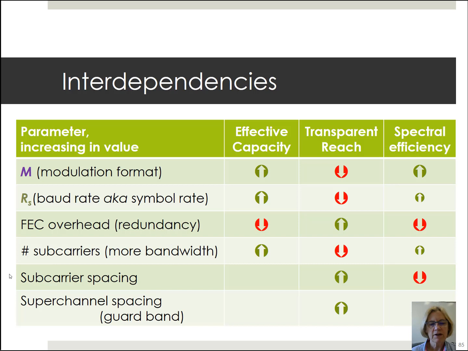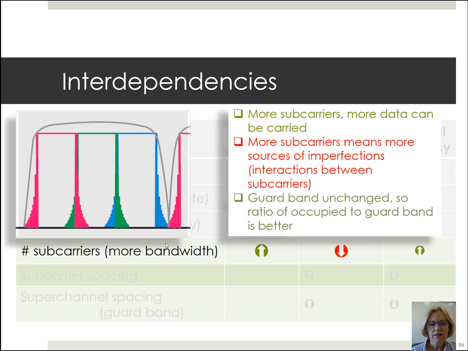We could change subcarrier spacing, and we could change superchannel spacing, the spacing of the guard band in between. So let's look at each one of those and the impact that they have on the three characteristics used in the elastic optical network. So let's start with adding subcarriers.